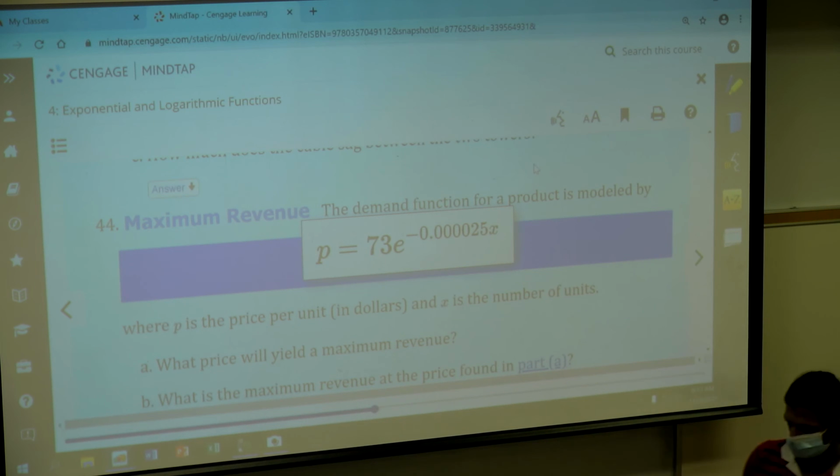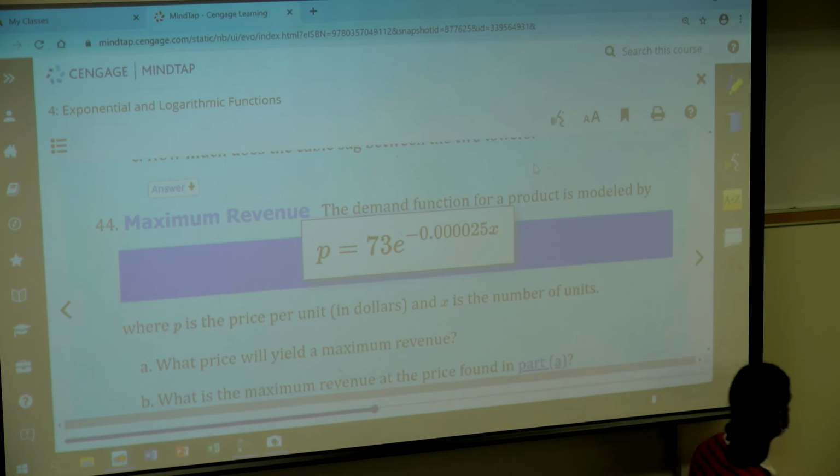So we set the revenue function equal to 0 and we solve for x.